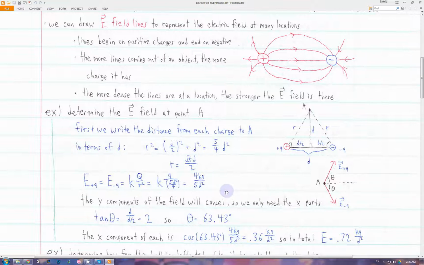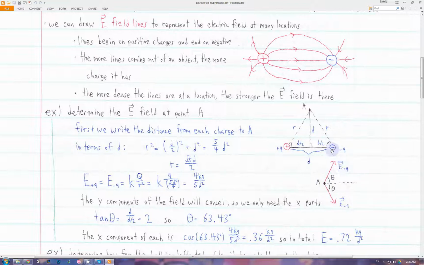So now we need to consider the direction. So here's point A, and remember we use positive test charges when we're dealing with electric fields. So assuming we put a positive test charge at point A, the E field from the positive charge points away from positive charges, so it will point this way.